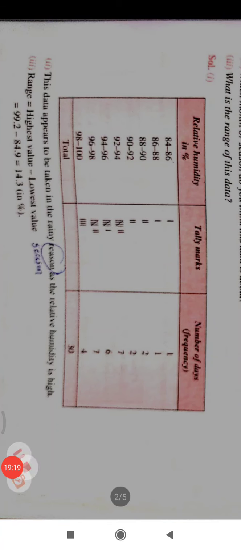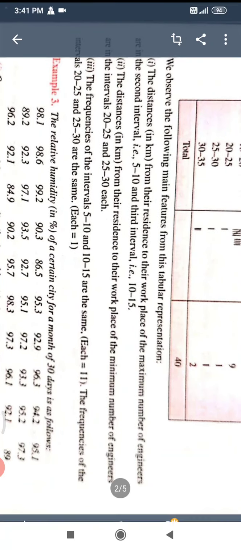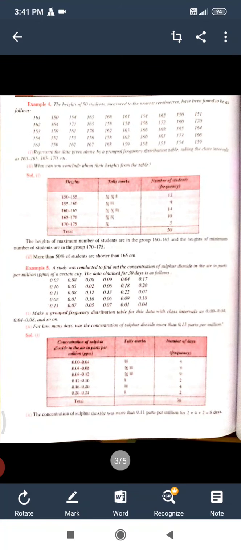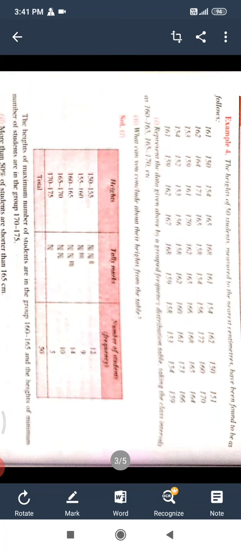Okay, now we will take the last one, question 4. Last question 4 for today's question.